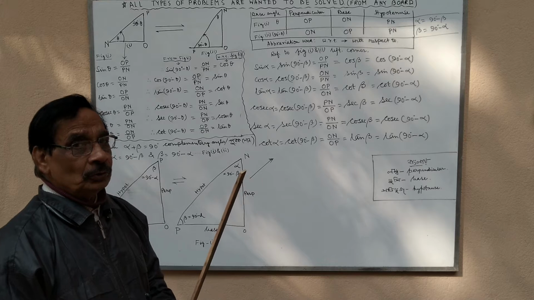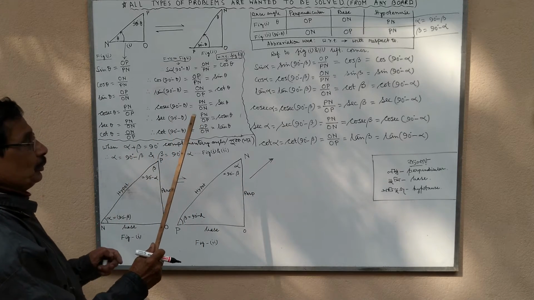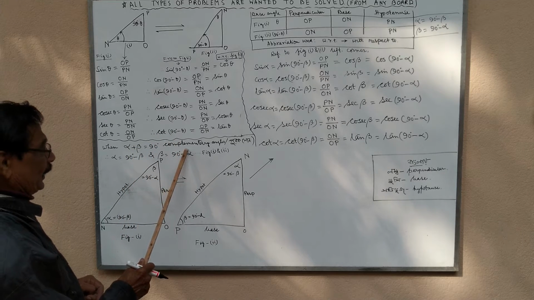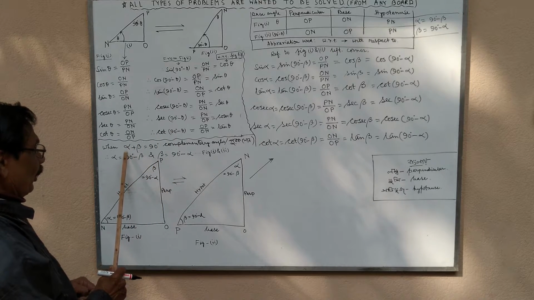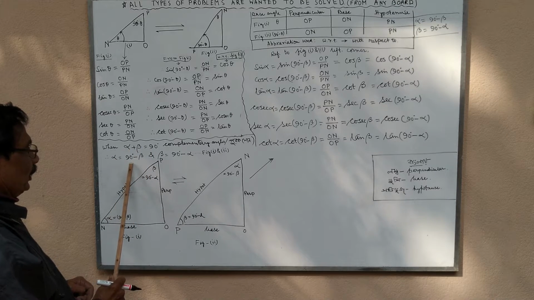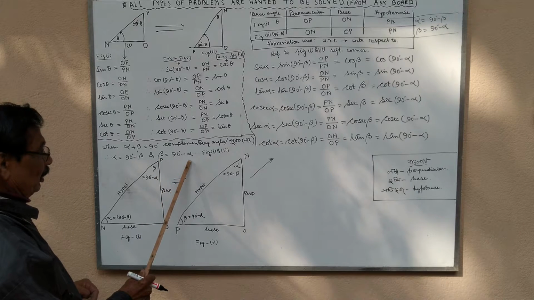Now we'll see the same thing with complementary angles like this: alpha plus beta equals 90 degree. Therefore alpha equals 90 degree minus beta and beta equals 90 degree minus alpha.